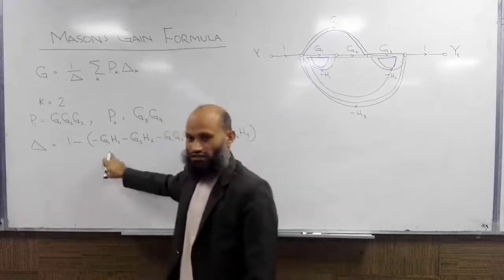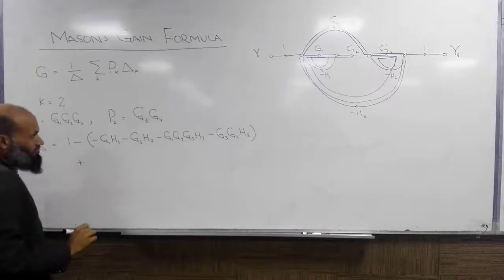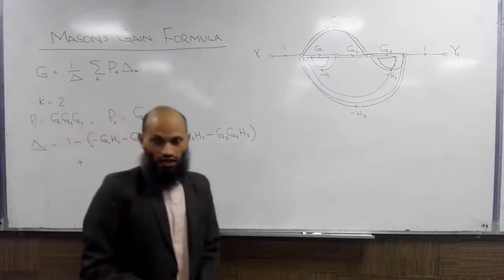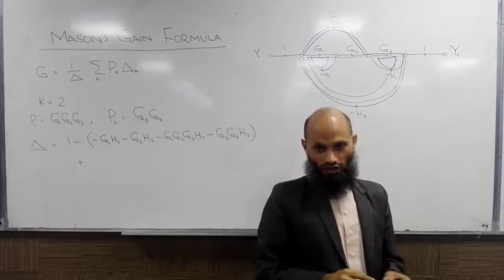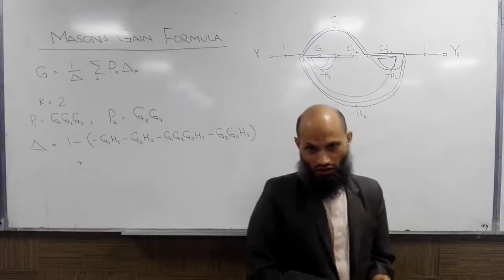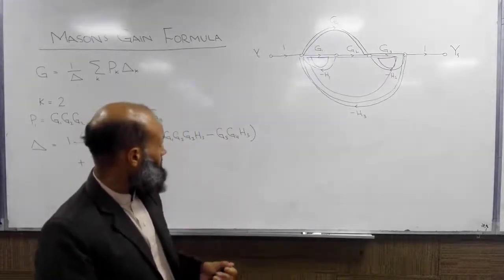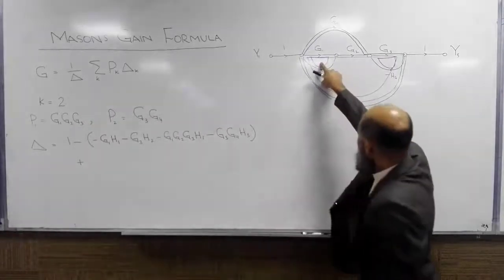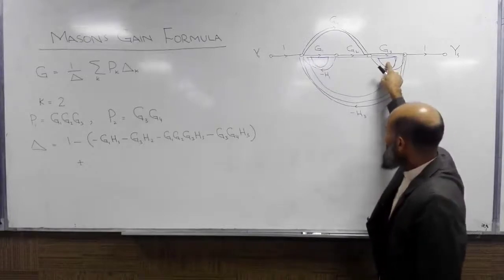One minus sum of loop gains plus sum of gain products of 2 non-touching loops. Is there any non-touching loop? This loop is non-touching loop with this one.